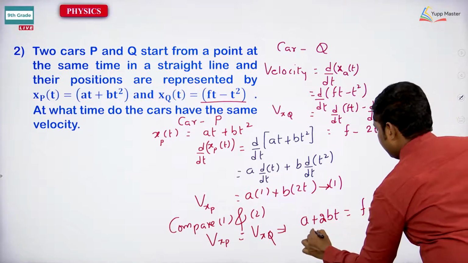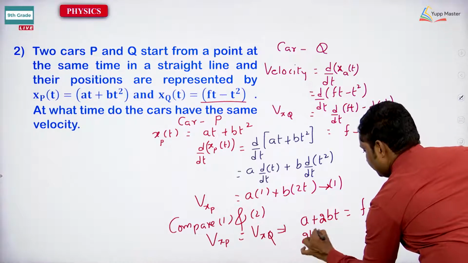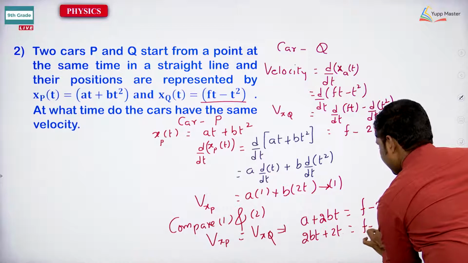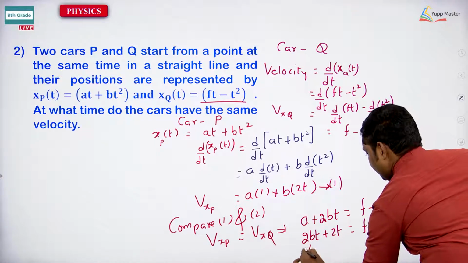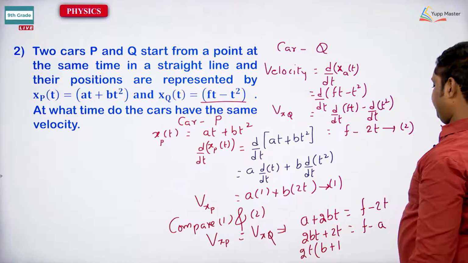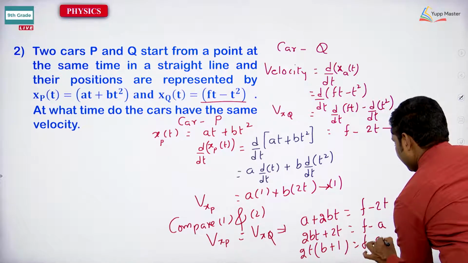You will take that, and easily you will write down 2 b t plus 2t is equal to f minus a. Therefore, 2t into (b plus 1) is equal to f minus a.